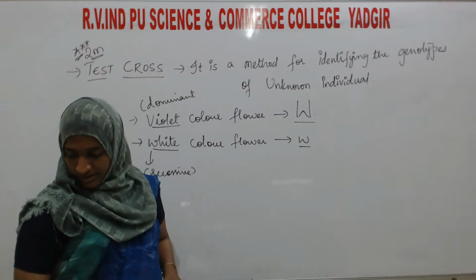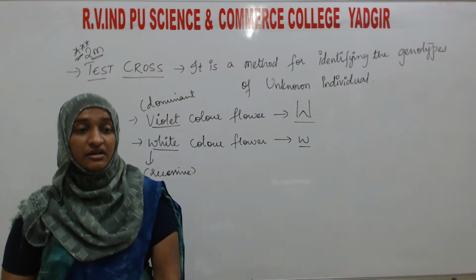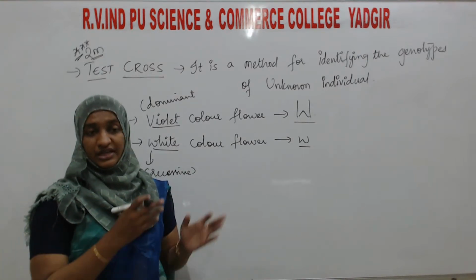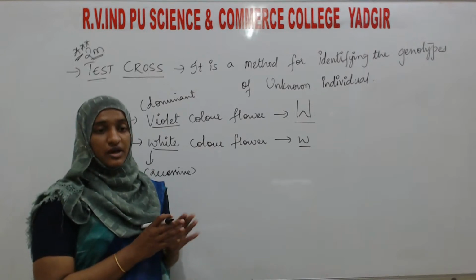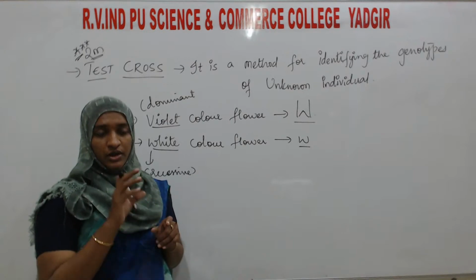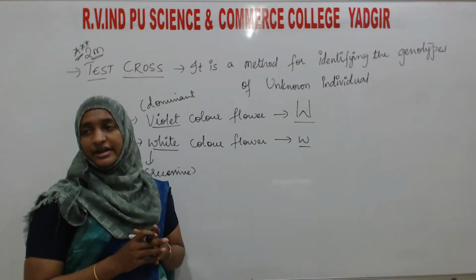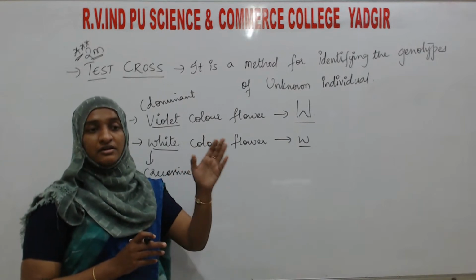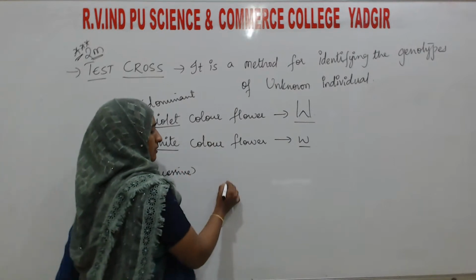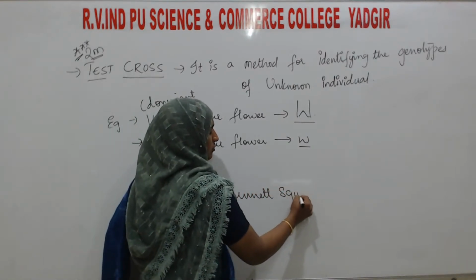Here what he had done is, he had crossed by using the Punnett square checkerboard. Yesterday in the monohybrid class also I had told you about that particular table to show the cross. That particular table we can call the Punnett square checkerboard.